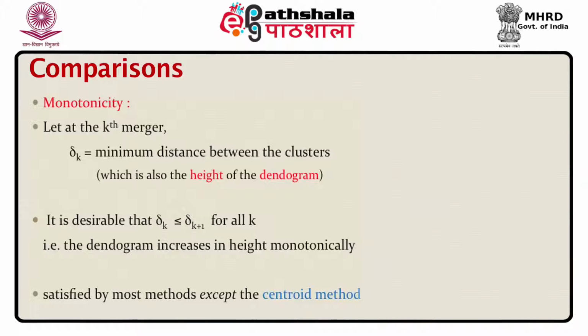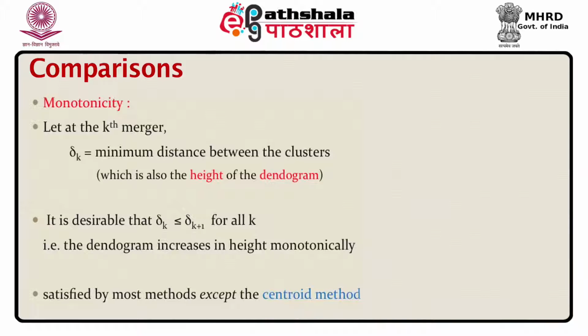Now, most of the clustering techniques lead to monotonic clusters except the centroid method. In the centroid method, we can sometimes have what is referred to as a reversal. That is, when we merge two clusters, the delta actually becomes smaller.